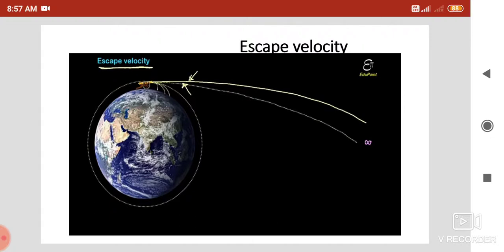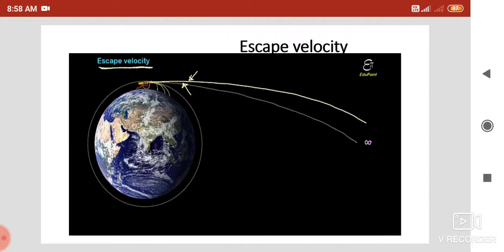So the velocity is given to that object so that it goes to such a position where the gravitational force does not act on it, and the velocity with which we throw that object is called the escape velocity.